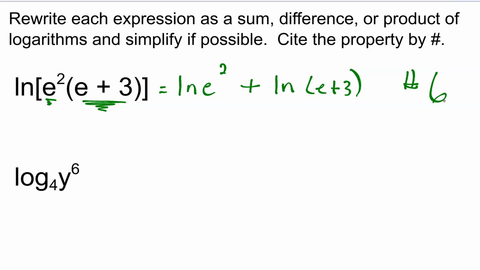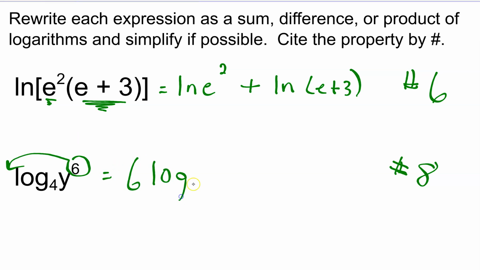And then the second one is number 8, which is the product one. You can bring this 6 down in front of the log. So it's going to be 6 log base 4 of y. You could put a multiplying there if you wanted to, but typically you don't see that in there.